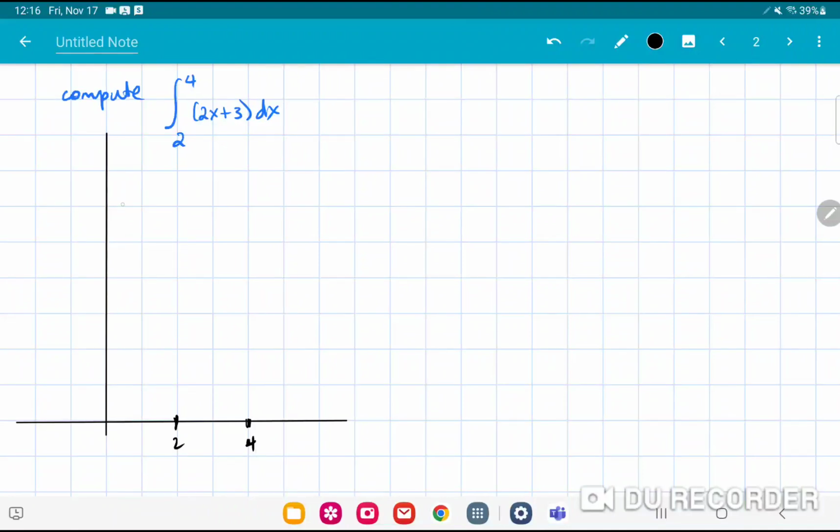3, 4, 5, 6. I don't have 11, so 2, 3, 4, 5. So I would say this is 11. When x is 2, y is 4. Let's see, 1, 2, 3, 4, 5, 6, 7, 8, 9, 10, 11.